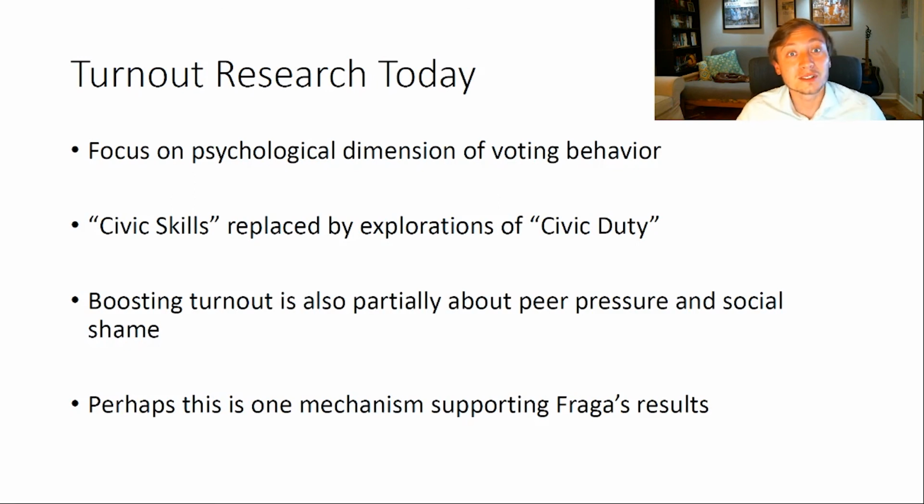This might be one of the reasons why there's an enduring gap between college-educated people voting more than non-college-educated people. Maybe this social pressure is both a mechanism driving some of Fraga's results and also some of these other foundational SES-based explanations.